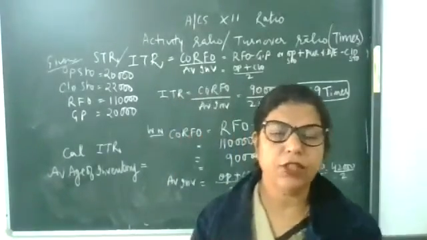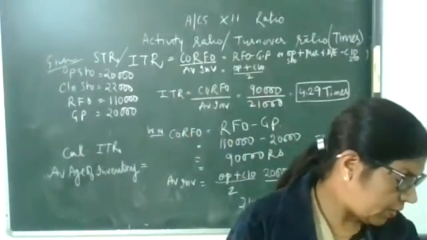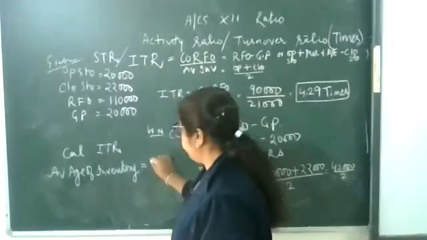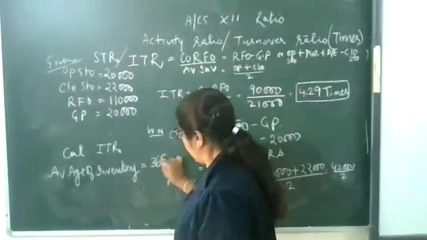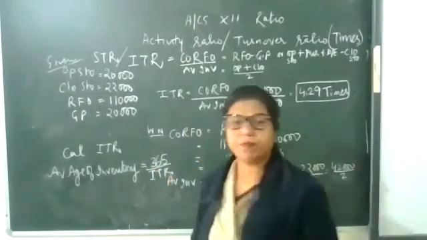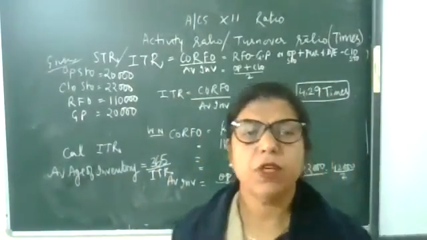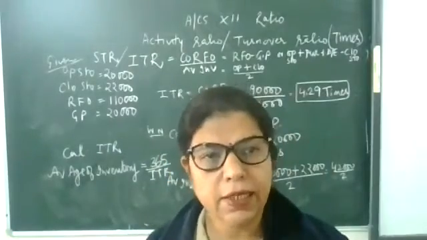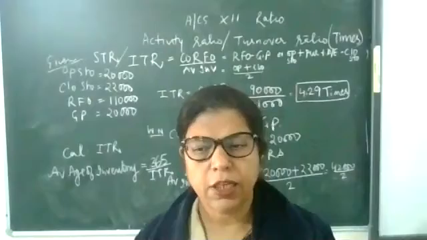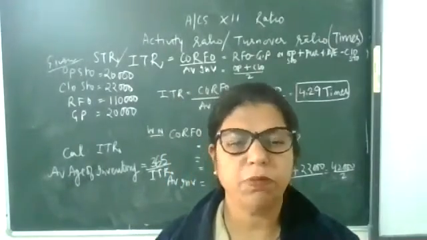So average age of inventory, the formula is 365 upon ITR. In place of 365, you can write days in a year. And if that question is in months, we can write months in a year, means 12 months.